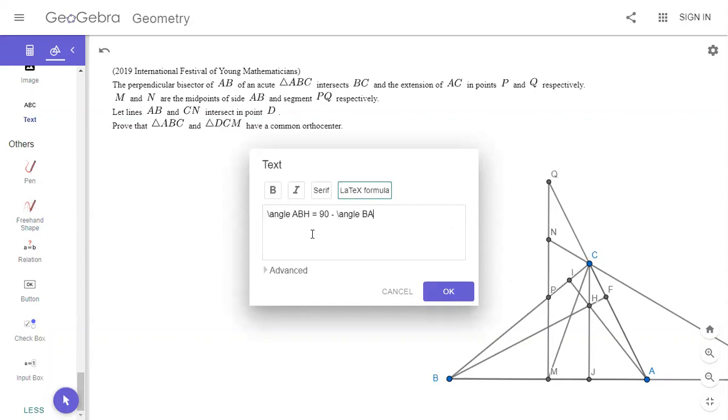Wait, so I'll say ABH is equal to ACH, which is equal to angle CPQ.